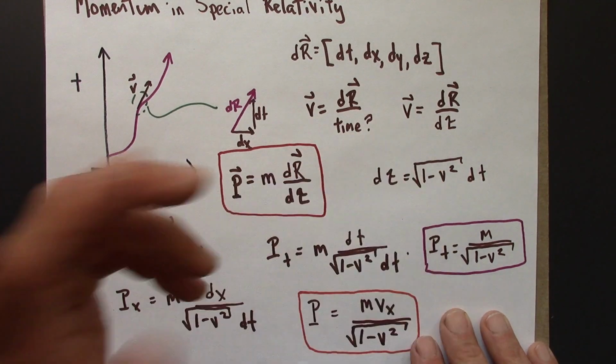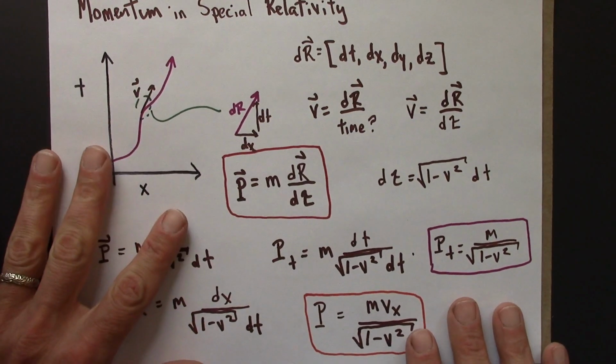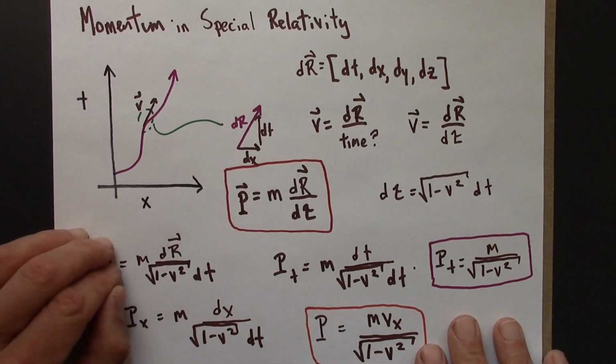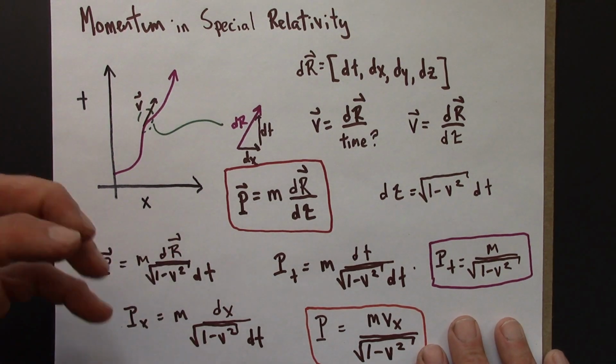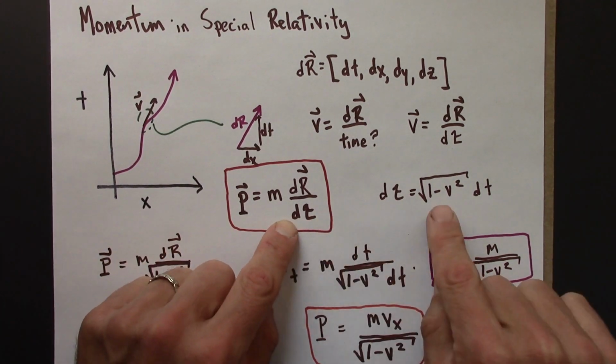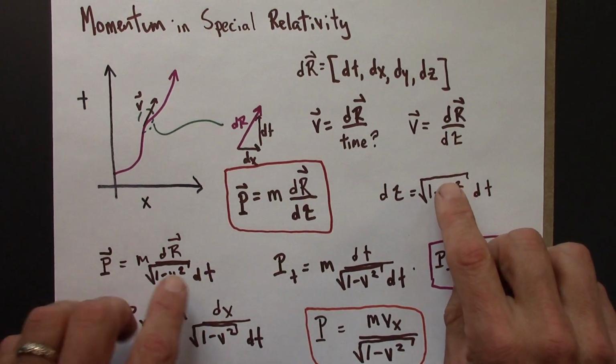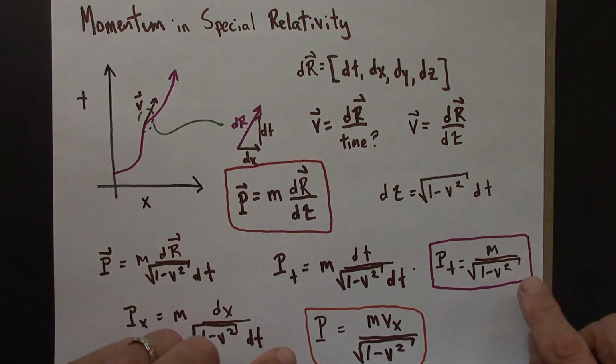The proper time, the time as experienced by the object itself, which makes sense because momentum is a property of the object, so we should use its proper time. So then we get this. Proper time is given by this relationship from several units ago. So if we plug this into here, we end up with a t component for momentum and an x component for momentum, and also y and z components for momentum.